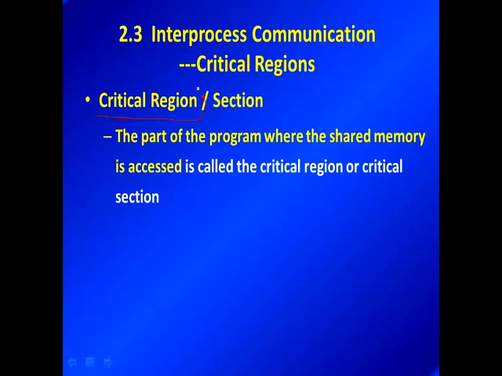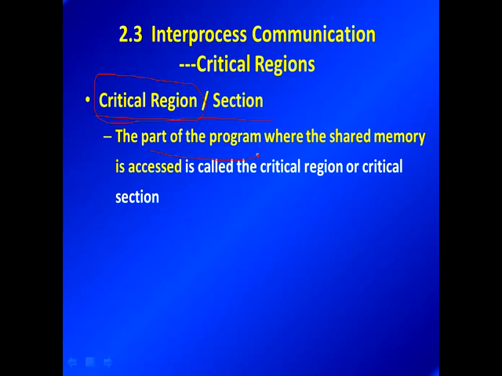So first we should discuss this term, critical region. What is a critical region or critical section? It's the part of the program where the shared memory is accessed. And this is called the critical region or critical section. You just recall the very simple ticket ordering example, right? Process A, process B, they just need to finish 3 simple steps.